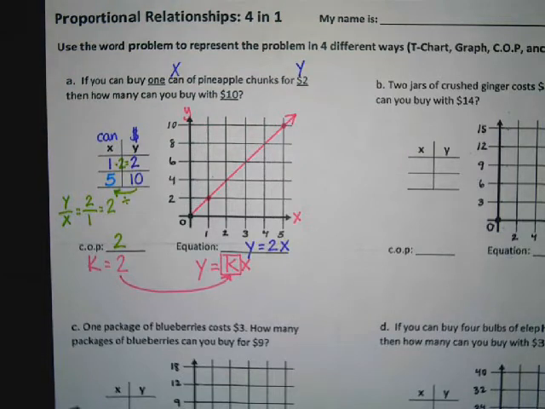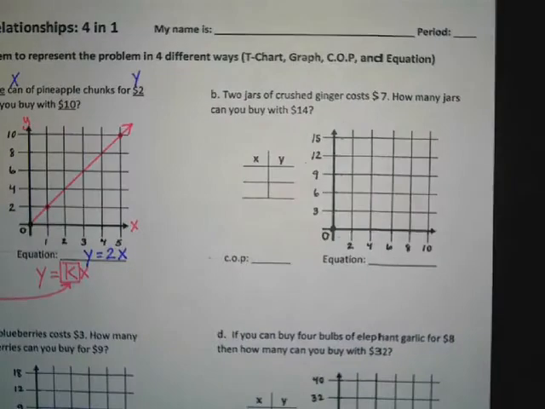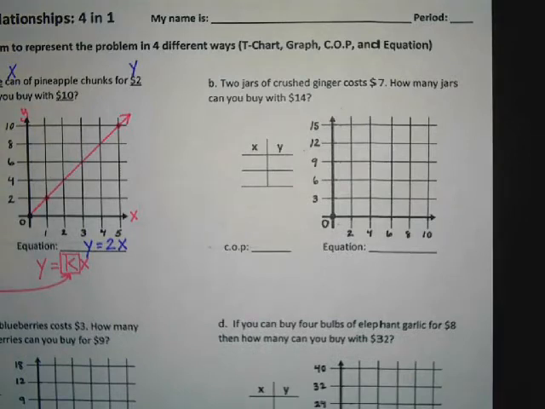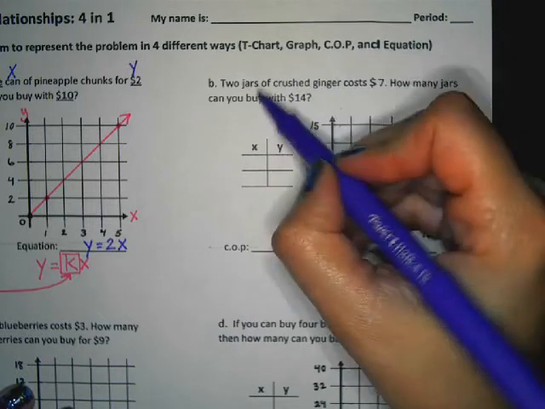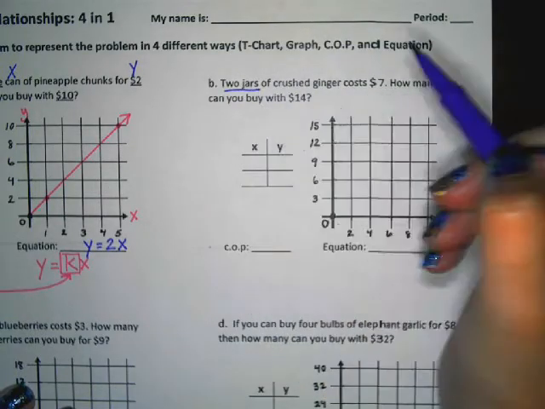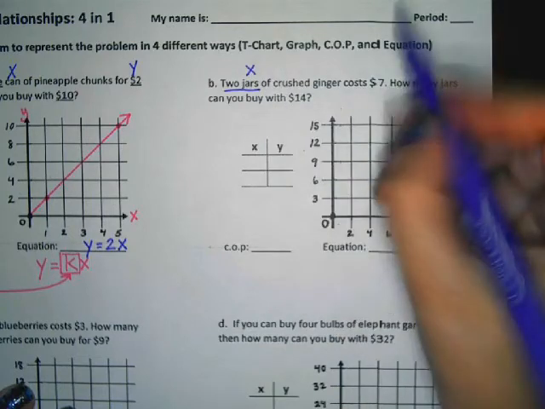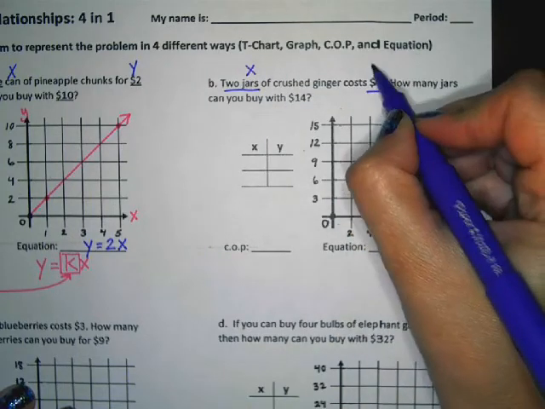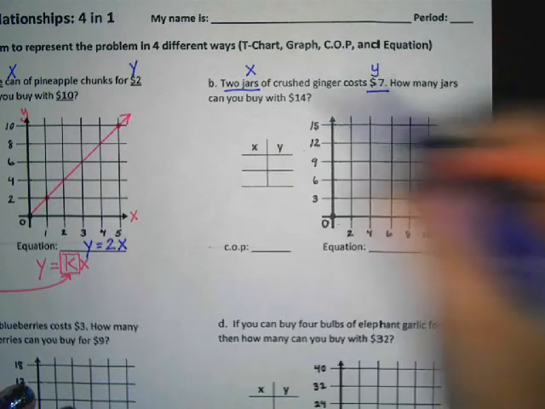So let's go ahead and look at B. 2 jars of crushed ginger cost $7. How many jars can you buy with $14? So again, we have to identify what is our independent and dependent variable. So independent is always my X. So in this problem, the jars that we buy are going to be my X. The cost is going to be my Y, because it's dependent on how many jars I buy.